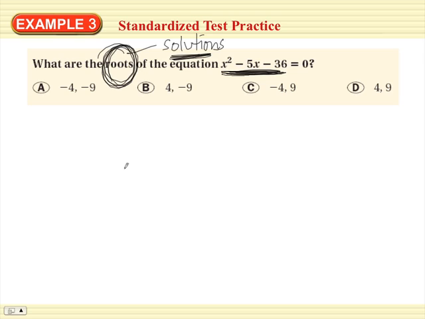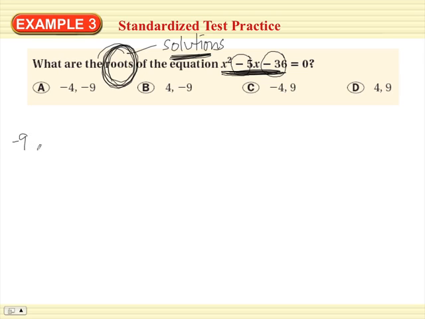Let's see. Factors of negative 36 that add up to negative 5. So, what are those two factors?